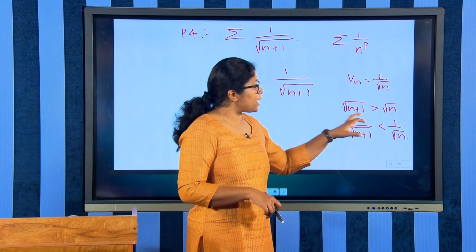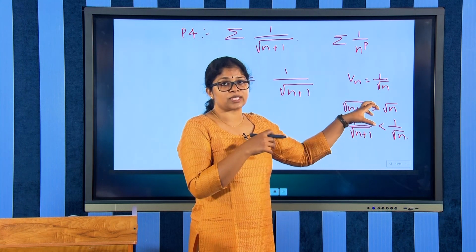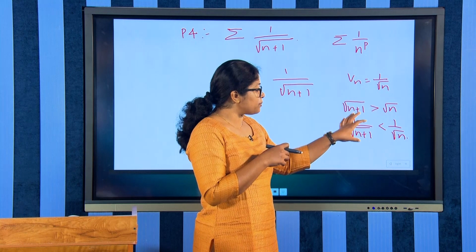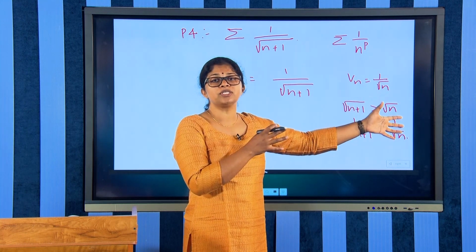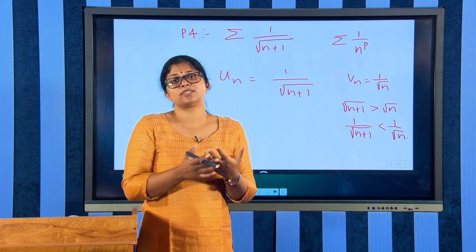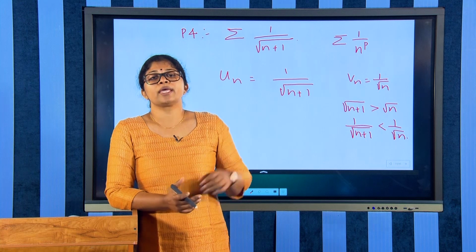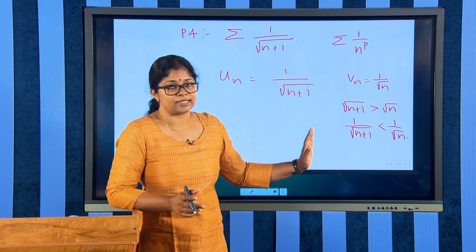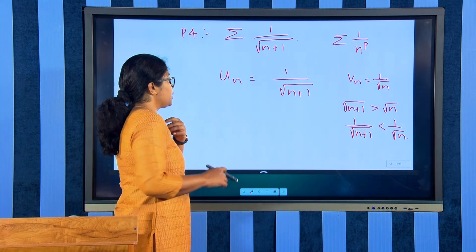And direct comparison test does not tell us anything convincing in this case. If the larger series diverges, what happens to the smaller series? That is not obtained directly from the direct comparison test. So, we cannot go for direct comparison test in this case, and hence we go for limit comparison test.